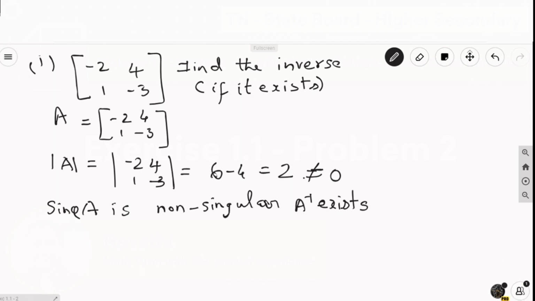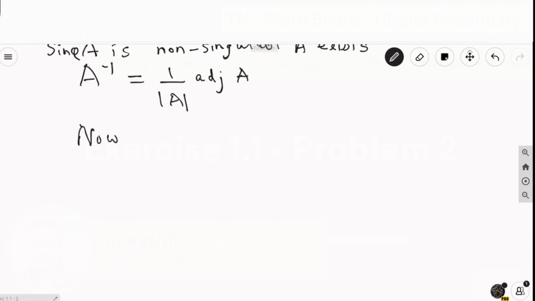Not equal to 0 means non-singular. Now we'll go to the inverse formula. A inverse, A to the power of minus 1, is 1 by determinant A into adjoint A. Our point is now to find adjoint A.